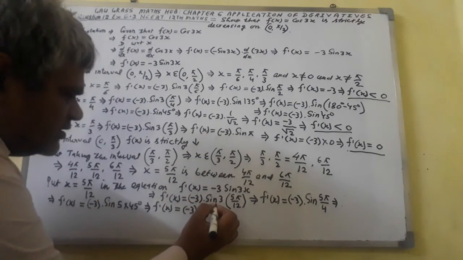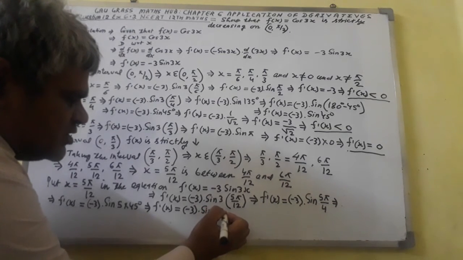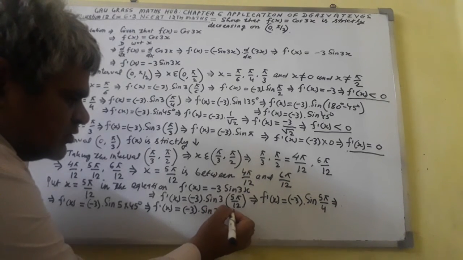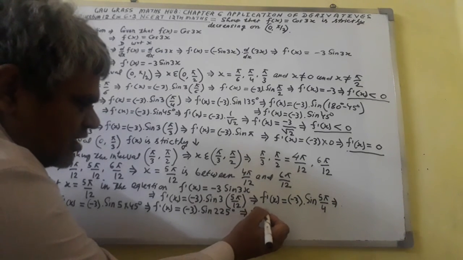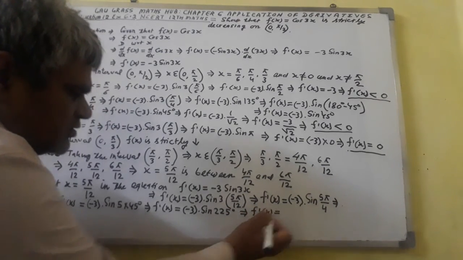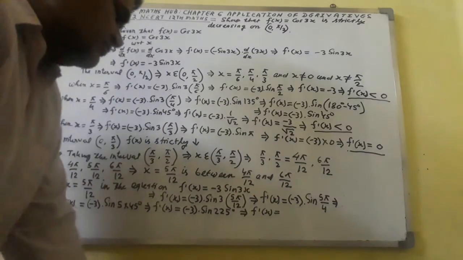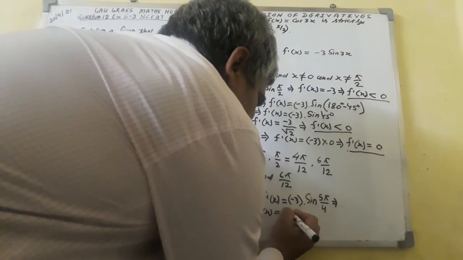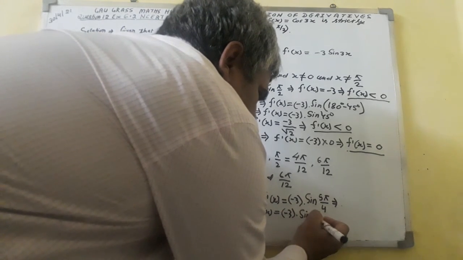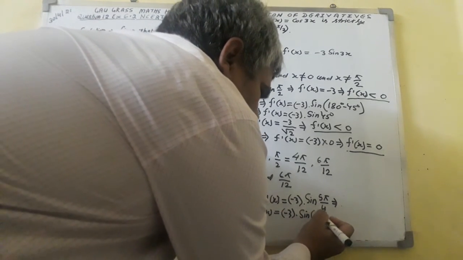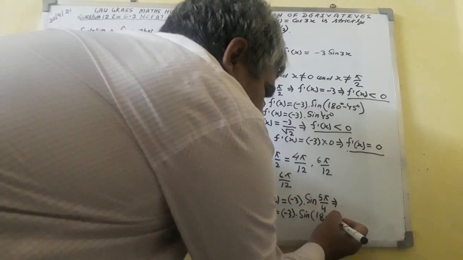So here you got 225, implied that f dash of x equal to minus 3 sine of 180 plus 45.